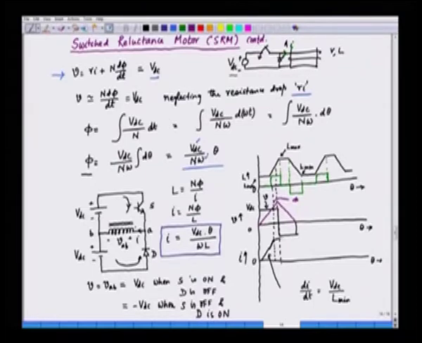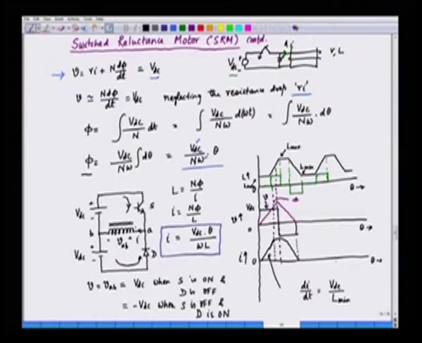So the current will also become 0 after some time, but initially the inductance is quite large. Inductance here is quite large, it is increasing. So the current rate will be low here, it will reduce but with a low rate, and then it remains constant. So it will somewhat decrease and become equal to 0.